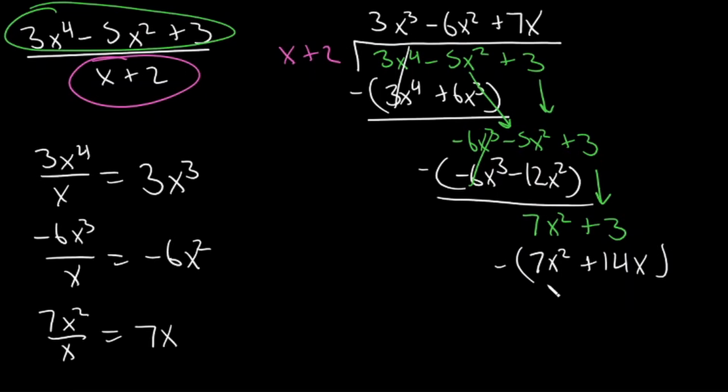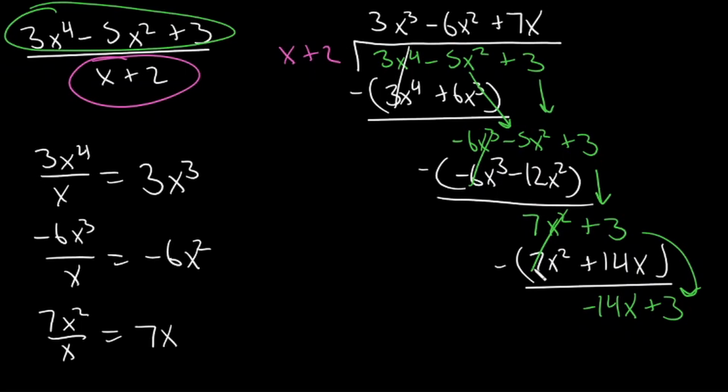So now let's subtract. These are going to cancel, and then we can just bring both of these down, so it will be negative 14x, and then bring our 3 down, plus 3.